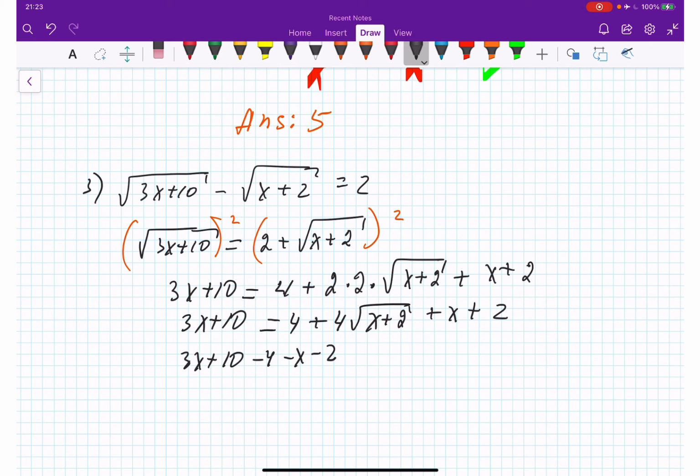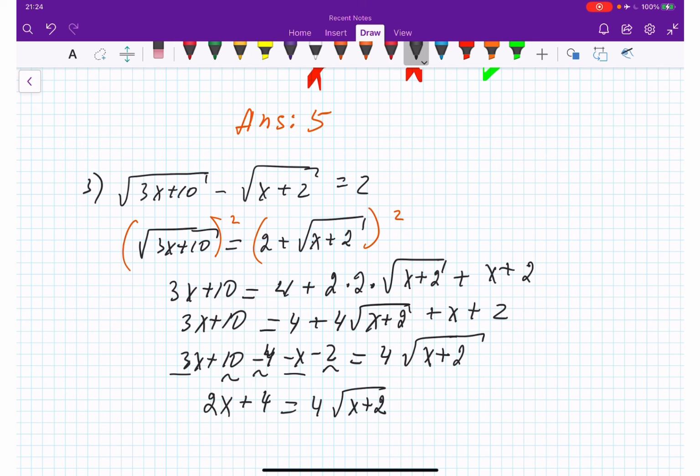I could combine 4 and 2, but I just didn't pay attention. 4 and square root x plus 2. I'll combine now, not a big deal. So 3x minus x is going to be 2x, 10 minus 4 is 6, minus 2 is 4. 2x plus 4 is equal to 4 square root x plus 2.